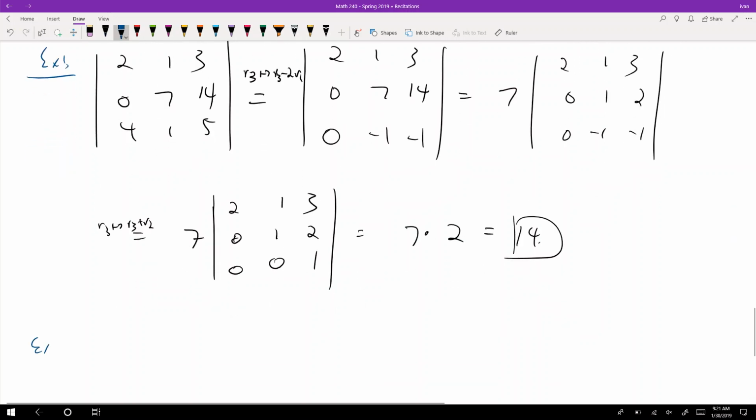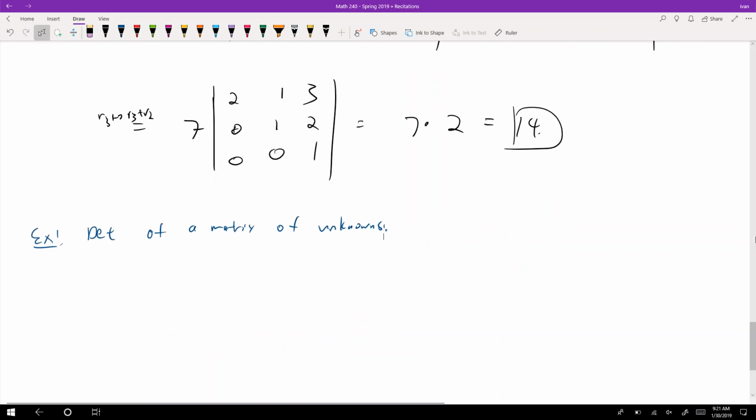So another type of problem that is very popular in determinant problems is if you have a matrix of unknowns. So if you're finding the determinant of a matrix of unknowns, which is the following type of problem. You have something like A, B, C, D, E, F, G, H, I, and they'll tell you that this determinant is some number, like 6, right?